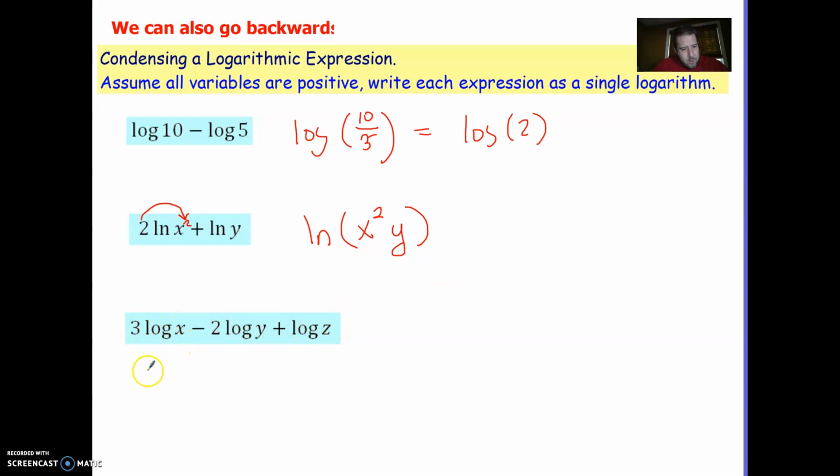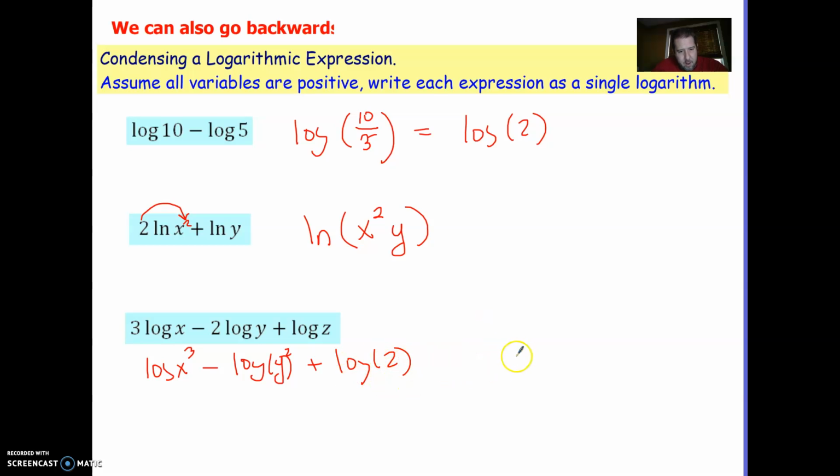So this is really log of x cubed minus log of y squared plus log of z. Now, I normally don't break it down like this, but this is going to be division and then also multiplication by z.